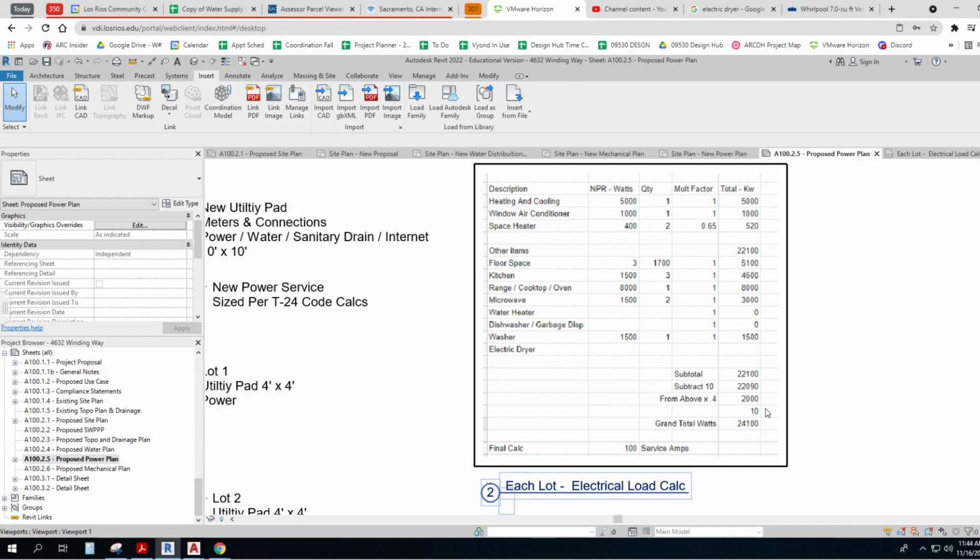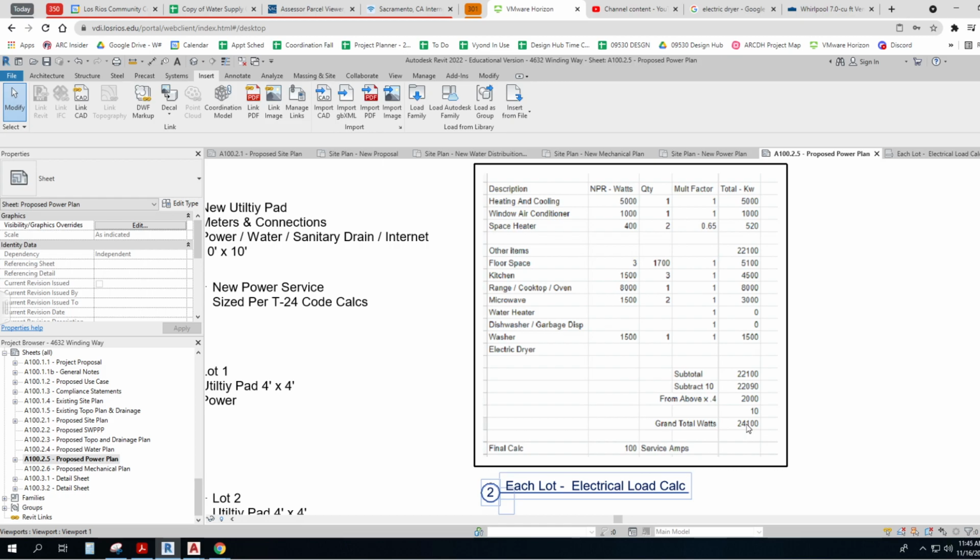So we subtracted 10, we added 10, add them together. That gives you watts. And watts are independent of voltage. That's power. How much energy are you using per second, per minute, per hour? How fast are you using energy?